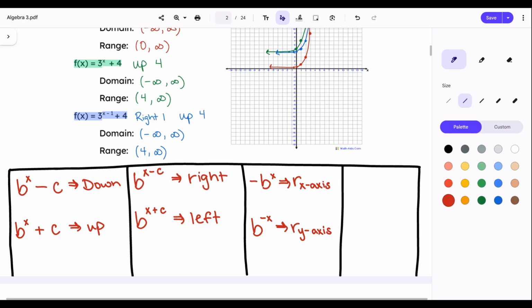The other thing that we haven't seen yet is when there's a whole number in front of the piece that's got the exponent. So if you take a number times something raised to the exponent and it's positive, this is going to be a vertical stretch or compress.